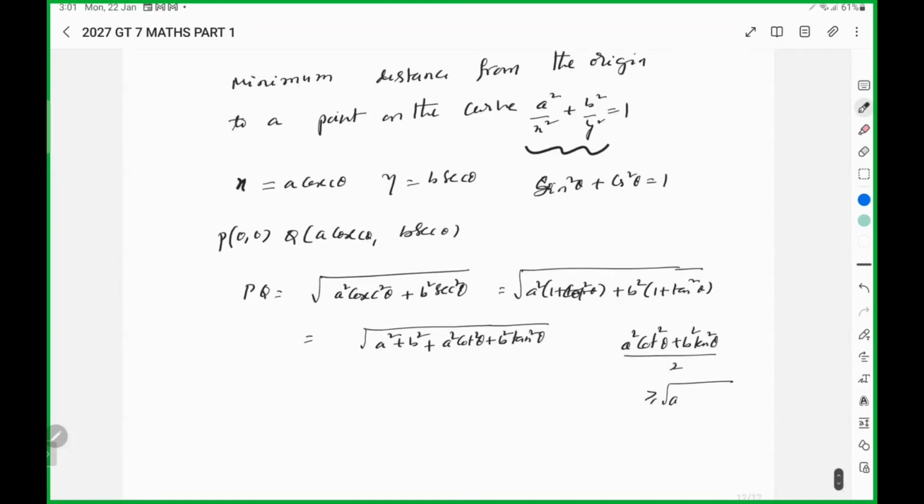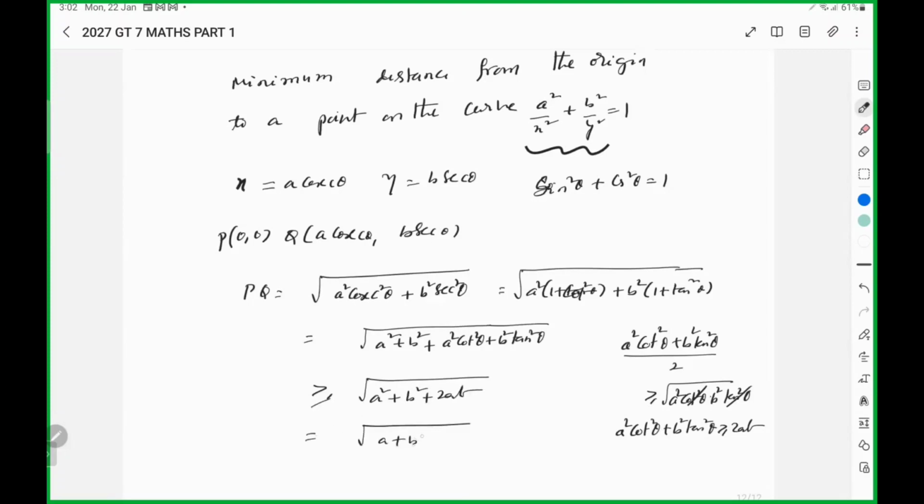AM is greater than GM, that is ab. Just here, a square plus b square plus 2ab, which is a plus b whole square. So PQ minimum is a plus b. It's also a very important model.